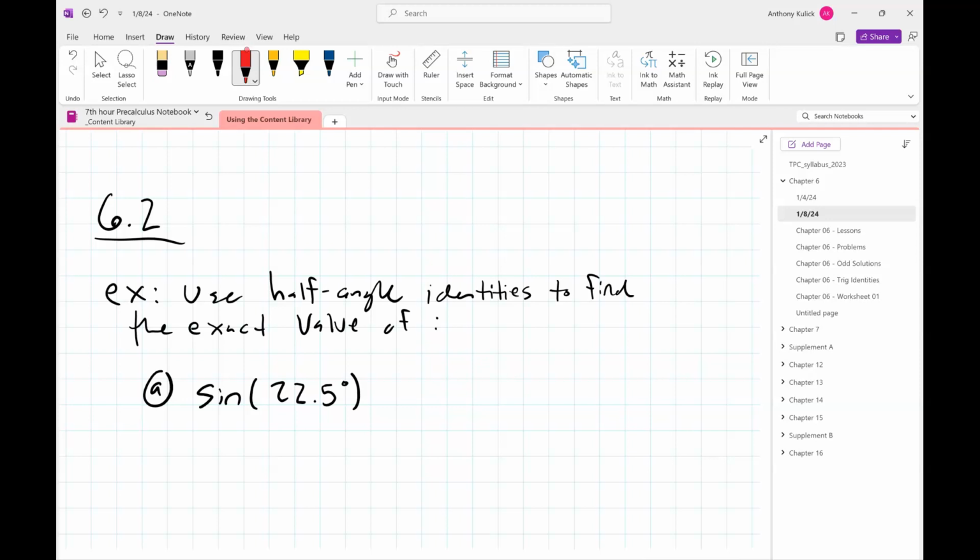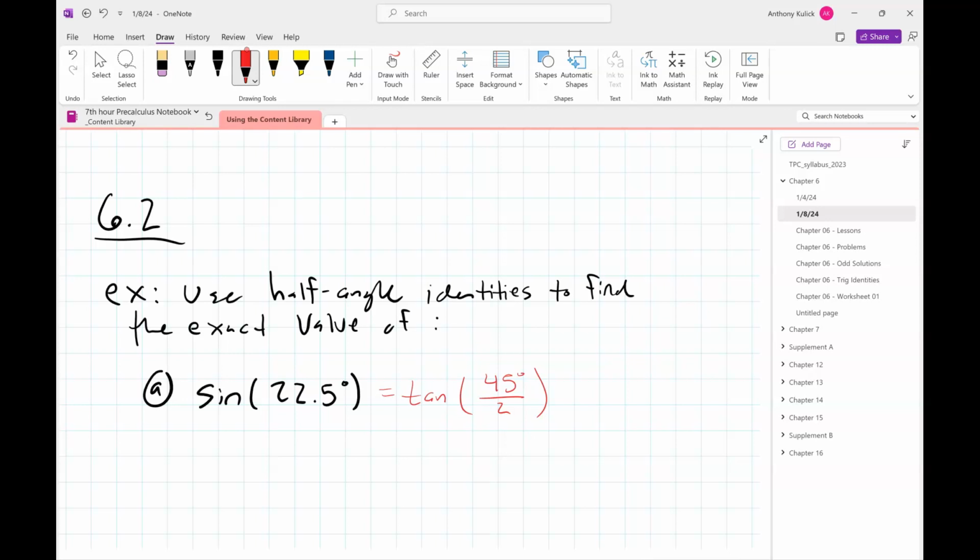Because if I multiply 22.5 by 2, I get 45. And that is a unit circle value. So this is a problem that can be done using my half angle identities. Does everybody feel okay with that?